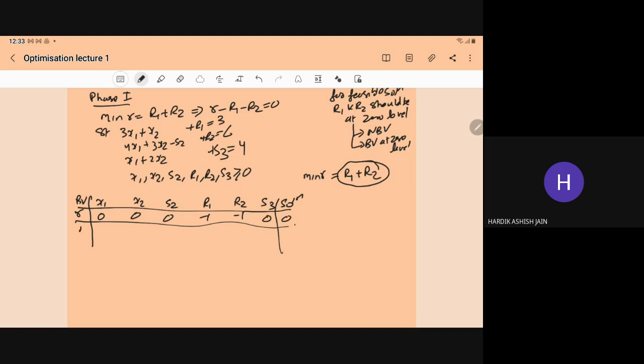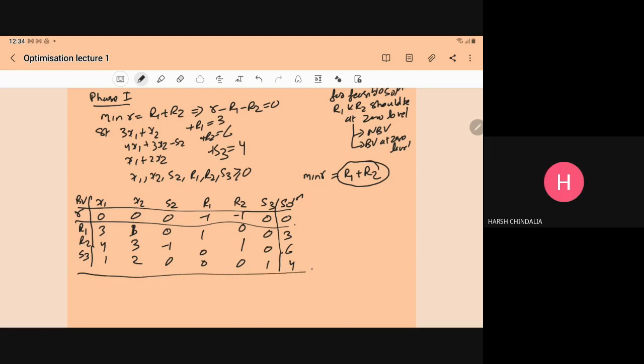Then R1, R2, S3 are the initial basic variables. So entries will be 3, 4, 1, 3, 1, 3, 2, 1, then 0, minus 1, 0. Then here we have 1, 0, 0, 0, 1, 0, 0, 0, 1, and on the right hand side we have 3, 6, 4.